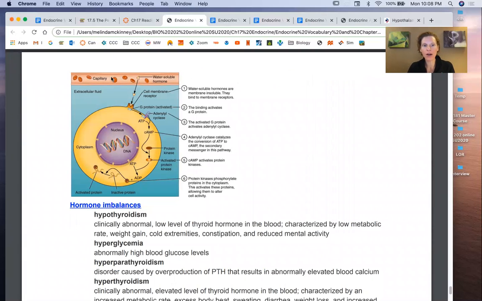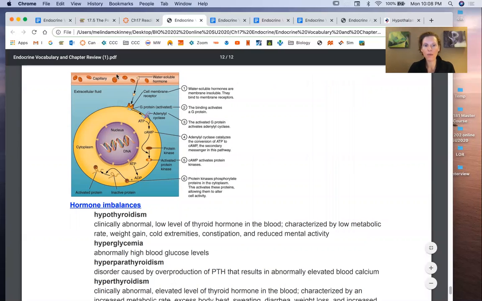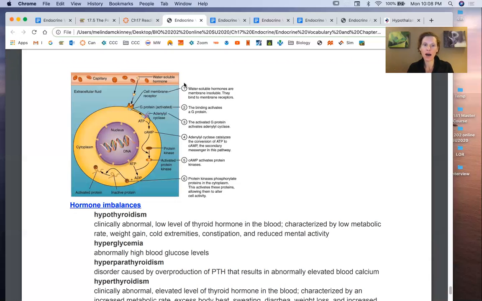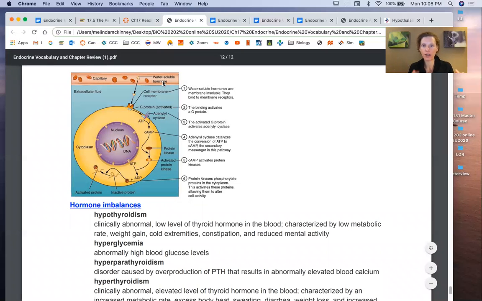The other scenario is where the hormone is water soluble. So remember, lipid is like a fat, so this is the opposite of fat. Water and fat are basically the two types of compounds that don't mix, with different properties that allow them to either get into the cell or not.